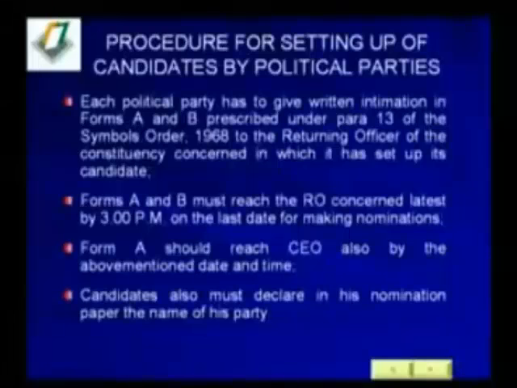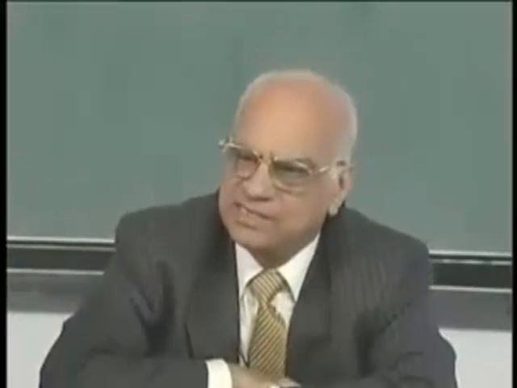Then in this case, another thing may be there. Sometimes you have seen, and it's a very practical thing, party may first give form B to one man, then there are some problems, or there may be some other bargaining, so they say okay, we are changing this one, we are giving this authorization in form B to some other candidate.